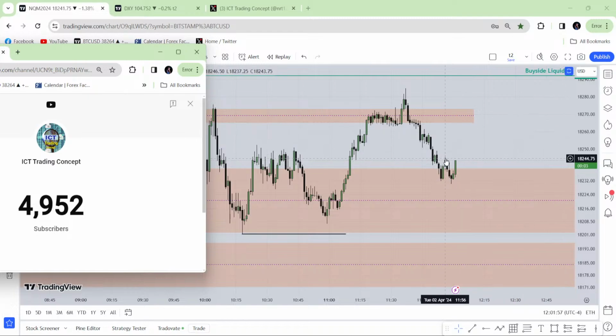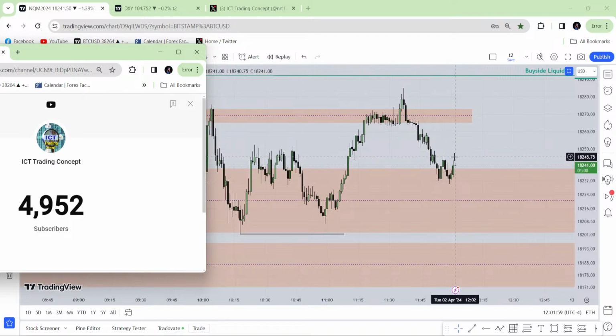This swing high, is it valid for shifting market structure? No, this is not valid for shifting market structure. The reason is this swing high didn't trade any fair value gap. It didn't have a swing high on its left which is lower than that swing high. It doesn't have any swing high on its right which is lower than that swing high. So it's not valid for shifting market structure. If I get a market structure shift above that high and then price trades that fair value gap and goes to that buy side liquidity, I don't care, because this swing high is not valid.